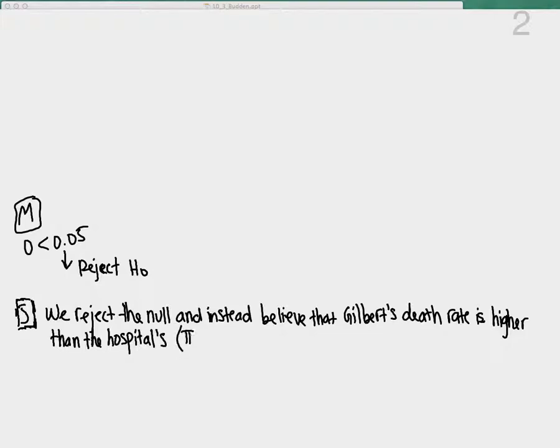So I'm going to say we believe that pi is greater than 74 out of 1,641.